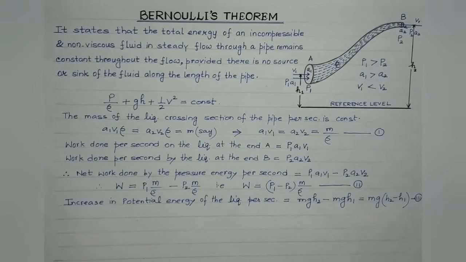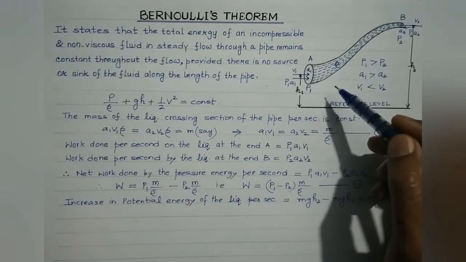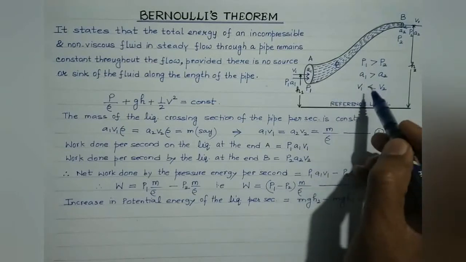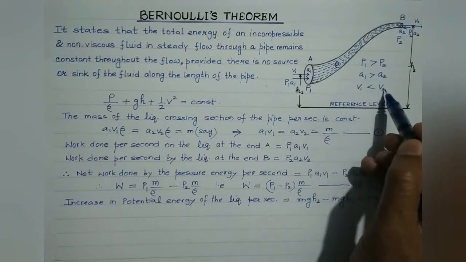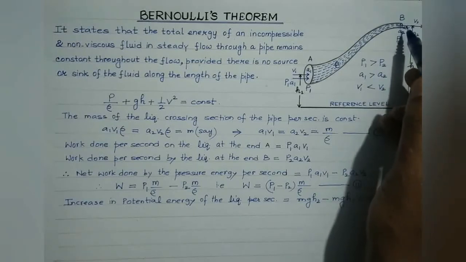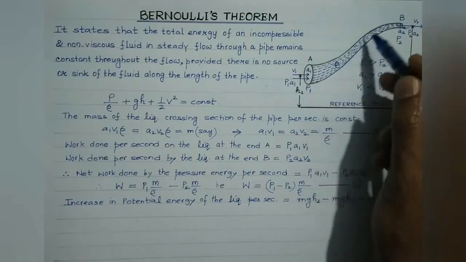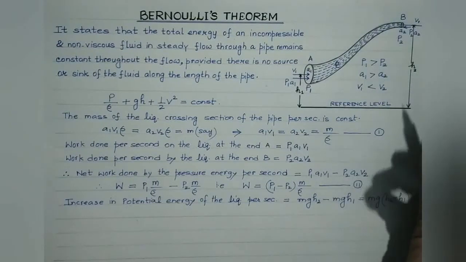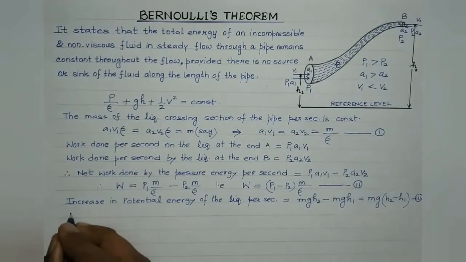Also students, when the mass m of the liquid flows in 1 second from A to B, the velocity also increases from v1 to v2. Here the streamlines are getting crowded due to this narrow cross section. So as the liquid moves from A to B, its velocity increases. So there will be an equivalent increase in the kinetic energy of the liquid.